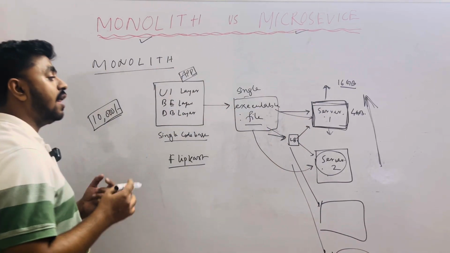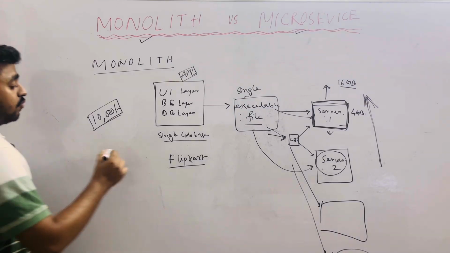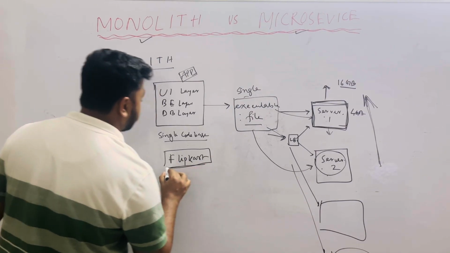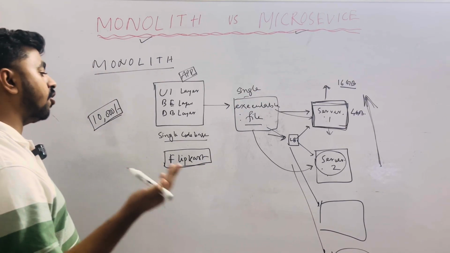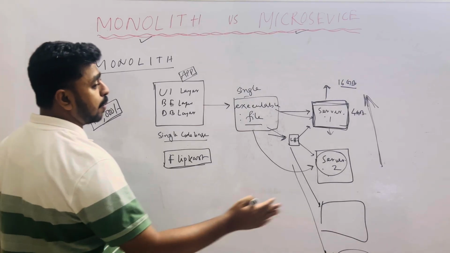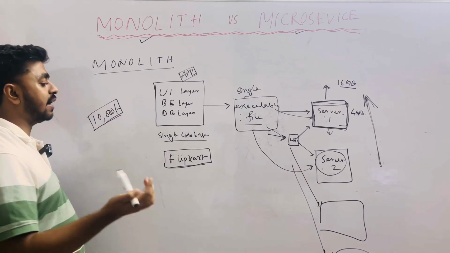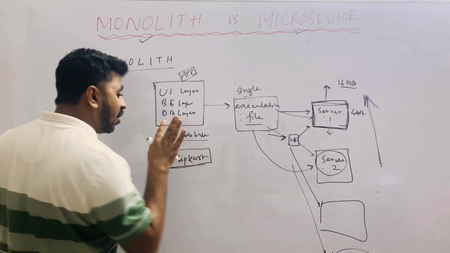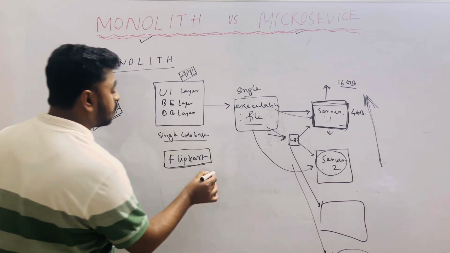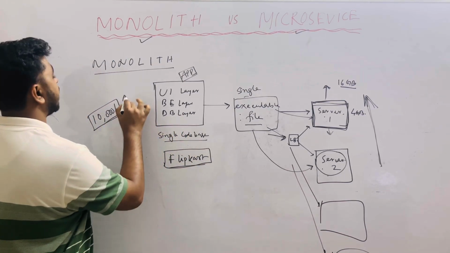But just think of a situation. You are opening Flipkart, you may not be able to order, you may not go to the payment page, you are just searching and checking the price. So the load on only search and price checking may be increased at this particular time.